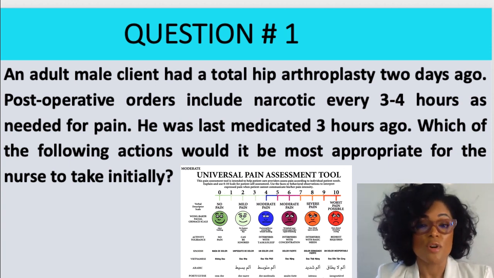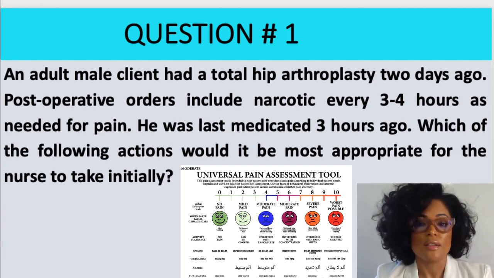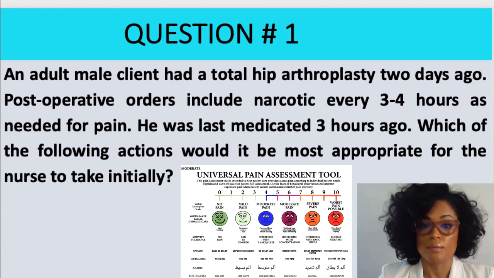What are the patient's vital signs? If the patient's blood pressure and heart rate are not within normal limits and are low, certain types of narcotics should not be given, for example IV ones like Dilaudid (hydromorphone), because they will lower those vitals further. So there are several things missing in this question. Am I going to pick an intervention or an assessment?